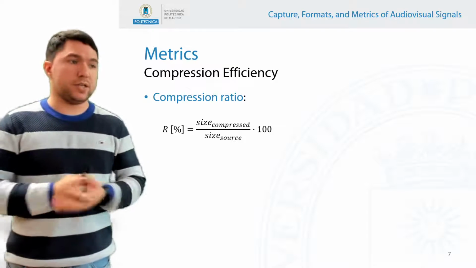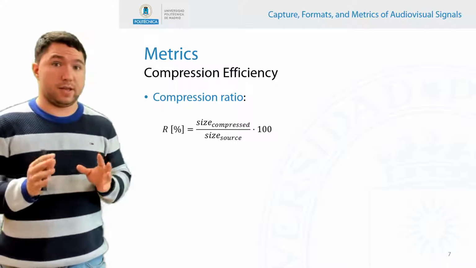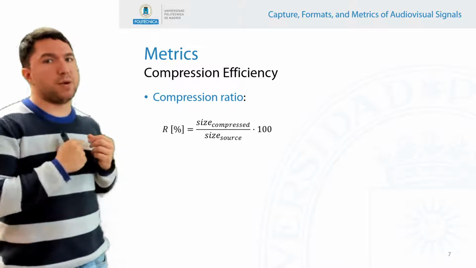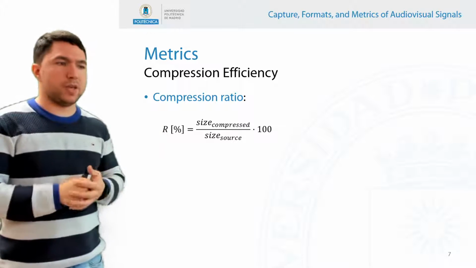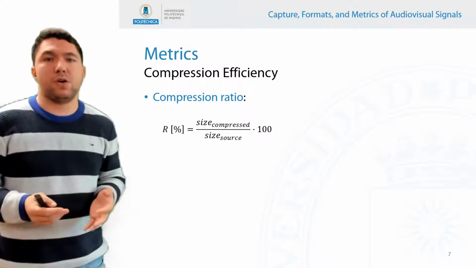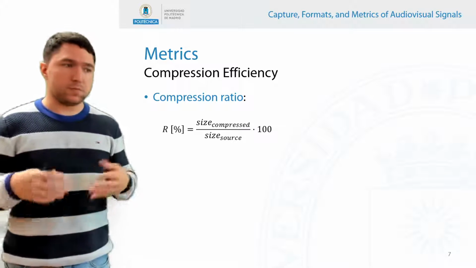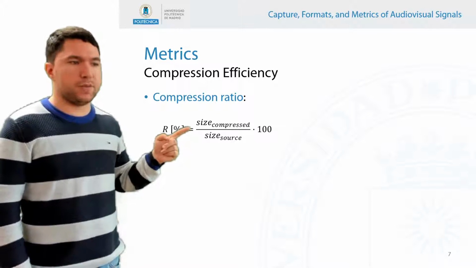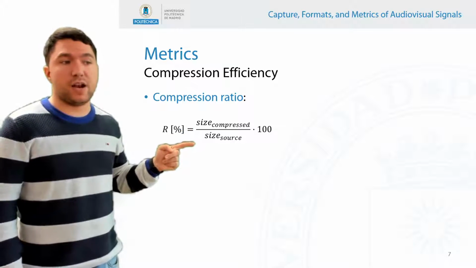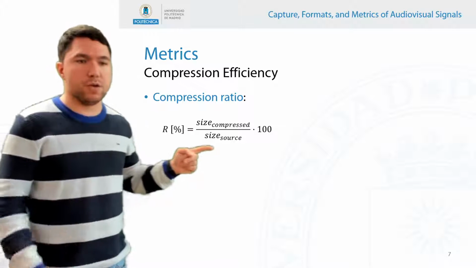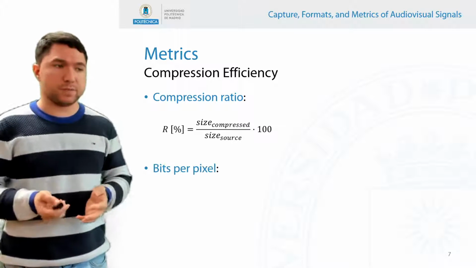Other metrics that we can use are, of course, the compression ratio, because the previous ones were about quality, now we have other metrics. Compression ratio is just to measure how effective the compression process was. It's simply the size of the compressed file divided by the size of the original picture, video, or even audio, multiplied by 100, so that we obtain a percentage.